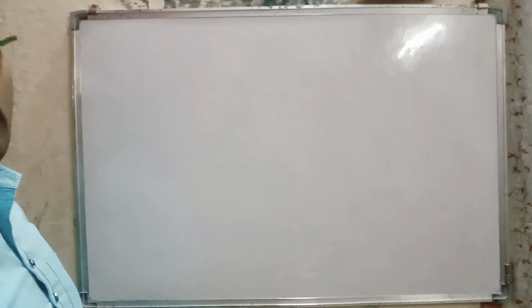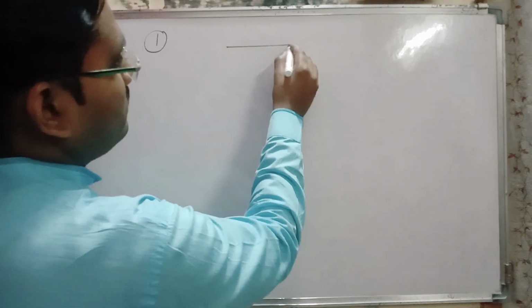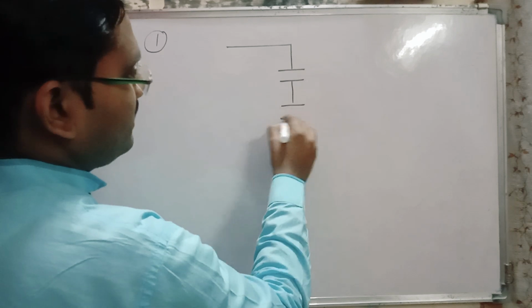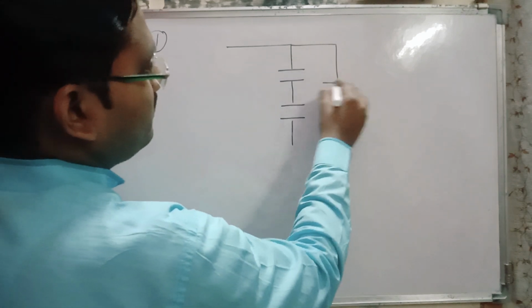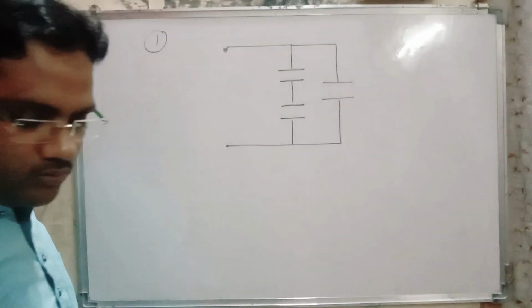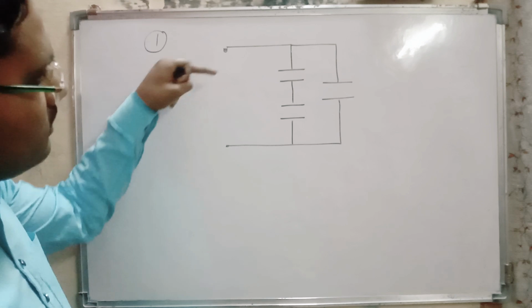Now here we discuss some numerical problems based on the combination of capacitors. Now we take the first question. This is the network. This is a capacitor, this is a capacitor, and here a capacitor. We have to find the equivalent capacitance between this point and this point.